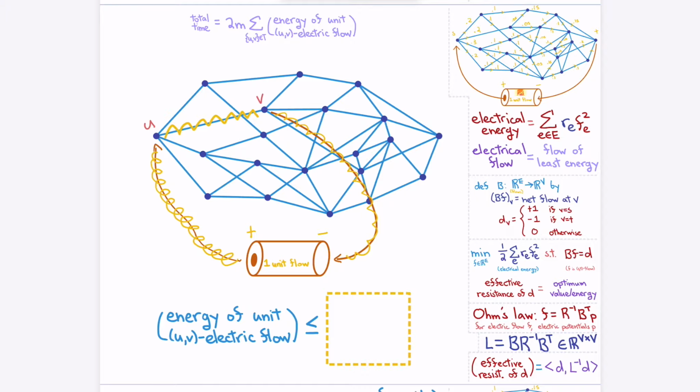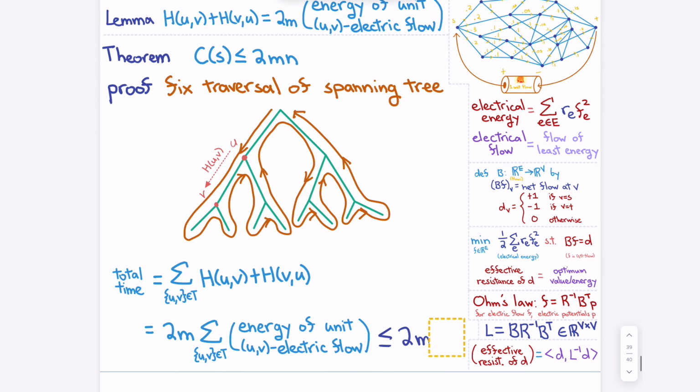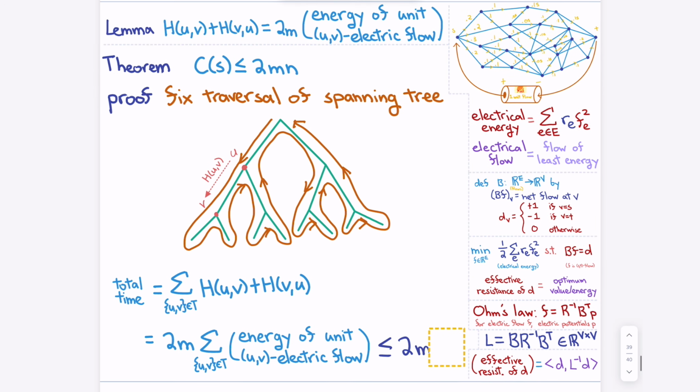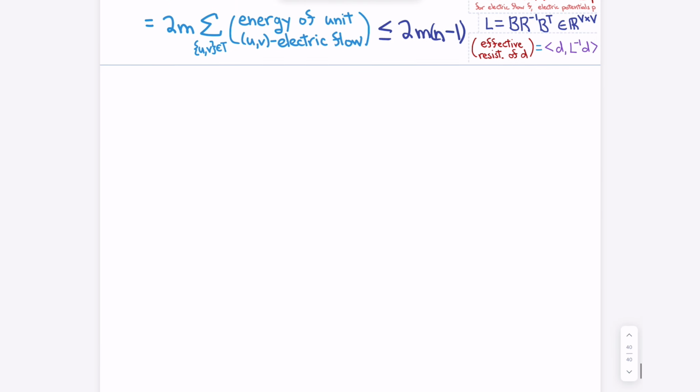So it's at most 1 because you can just use that edge. Okay. Oh, we're doing fine. So now we start adding all this up. Each of those are 1, and then you get n. You know, probably more appropriately, n minus 1. Okay. All right, so that is it.